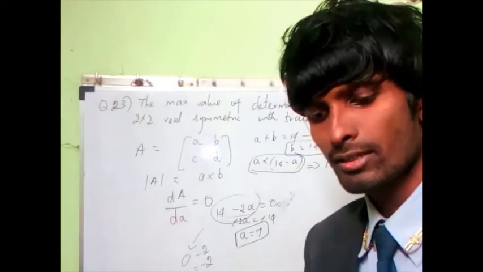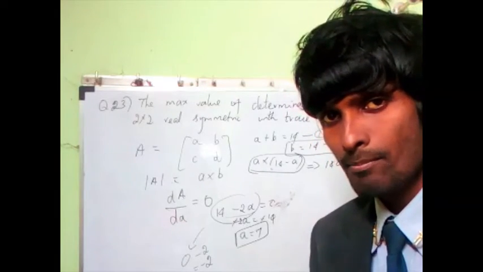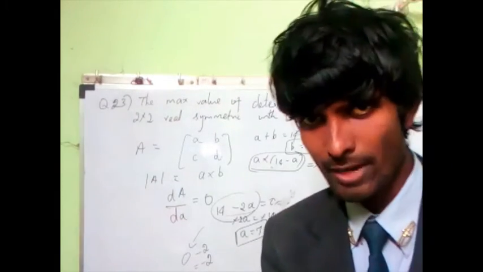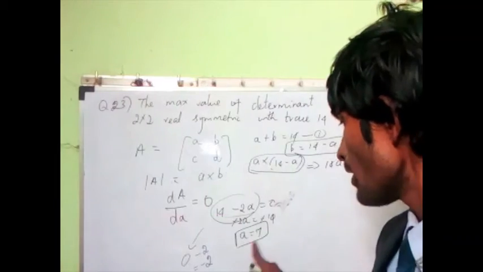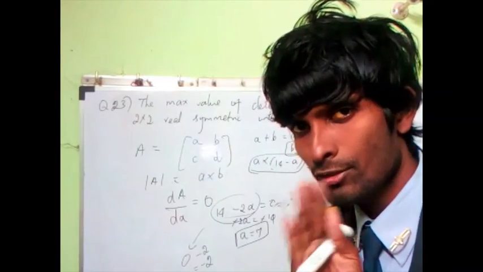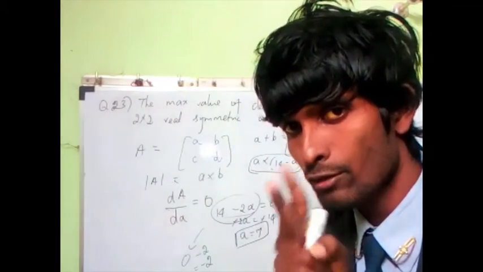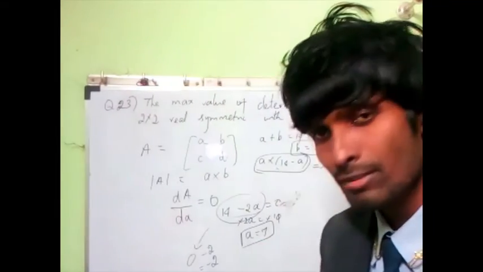Minus 2 means the determinant value goes negative at this point, which indicates a maximum. So this a value is the final value, and you should not go for further differentiation, because sometimes it may be a problem for you.